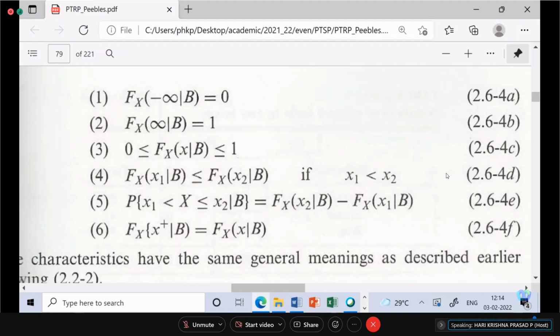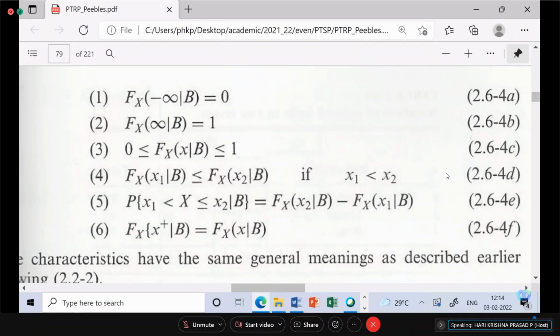When you see the argument of the fifth property, actually there are two events. One is capital X taking values less than or equal to x2, and capital X taking values less than or equal to x1.